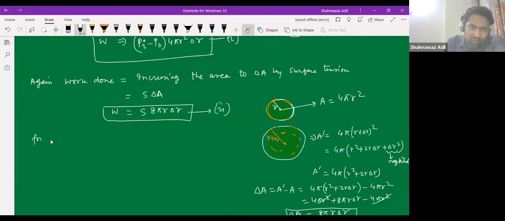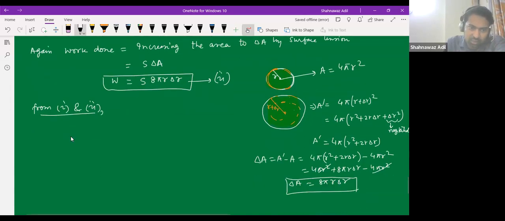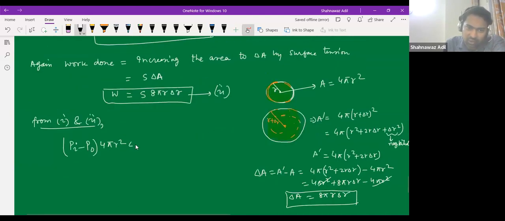So from 1 and 2, what can we write? (Pi minus Po) times 4πr²Δr is equal to S times 8πrΔr. So Δr cancels, r and r cancel, π and π cancel.